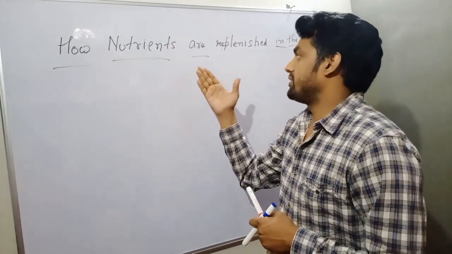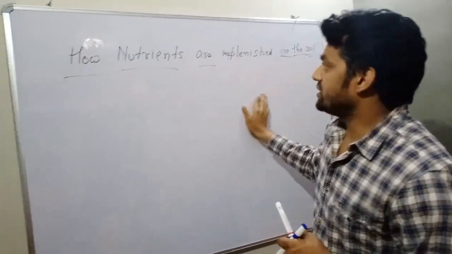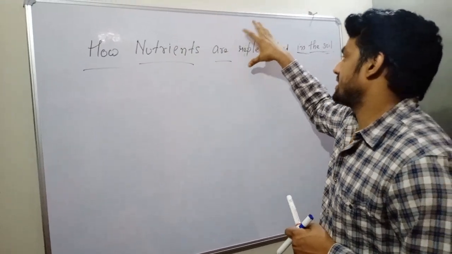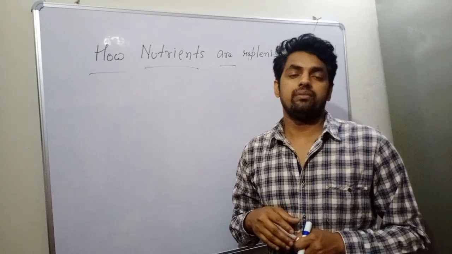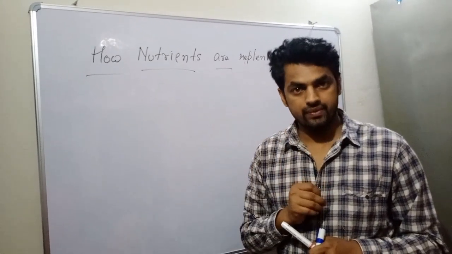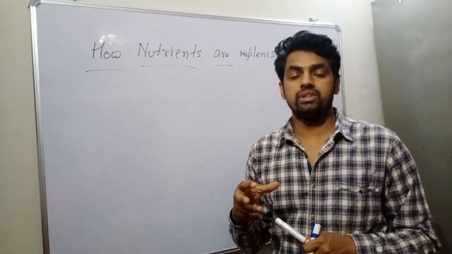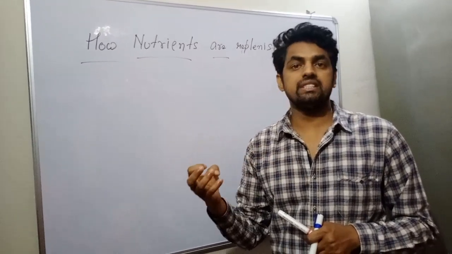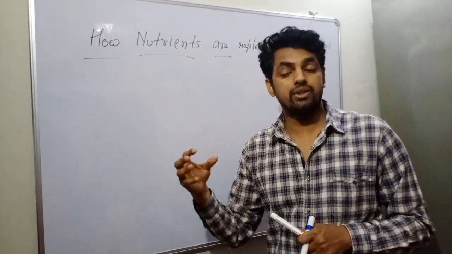How are nutrients replenished in the soil? In what way can nutrients be added back into the soil? We have all seen that farmers add fertilizer and manure to the soil. Why do they add these things? Minerals and nutrients are absorbed by the plant from the soil through the roots.